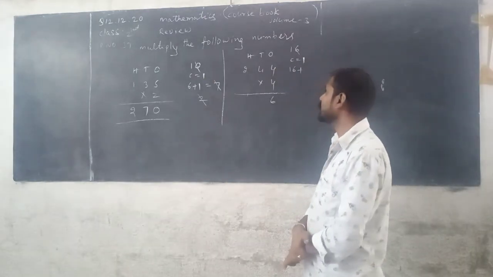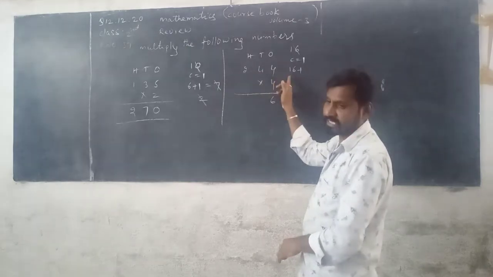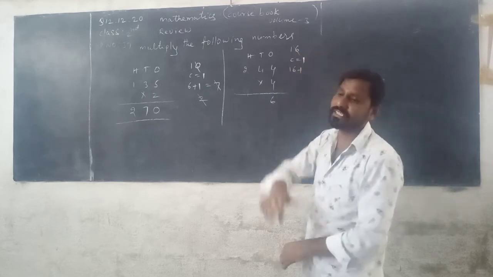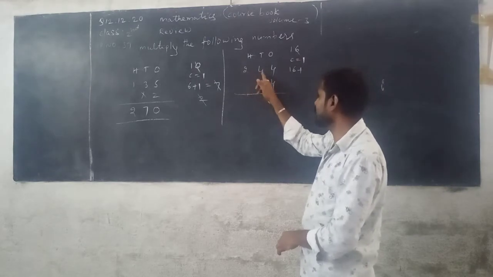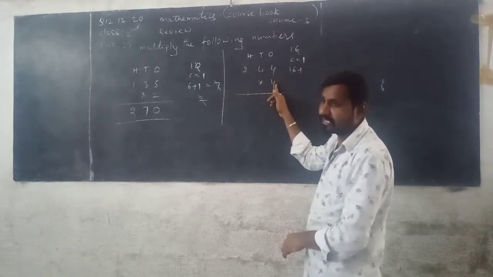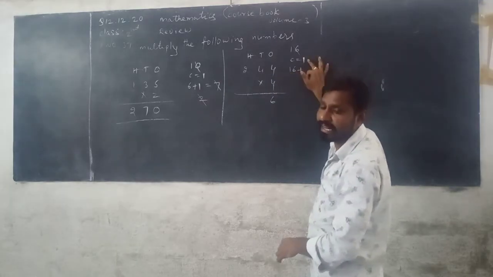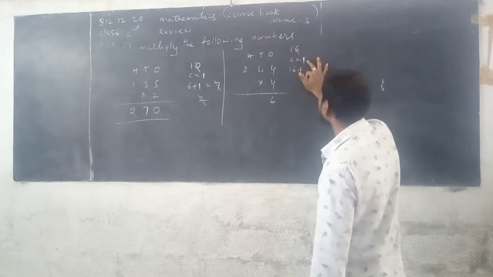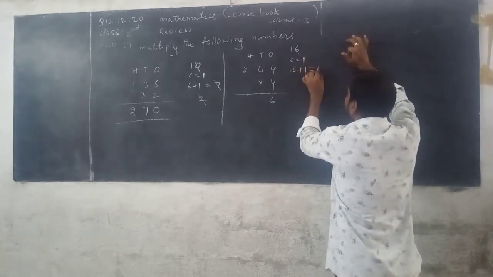What did we do next, beta? We multiplied the 4 in the tens place with this 4. What did we get? 4 4s are 16. Should we add the carrying 1 to 16 or not? Yes, we should. So you can add 1 to 16. What does it become? 16 plus 1 you can get 17, beta.